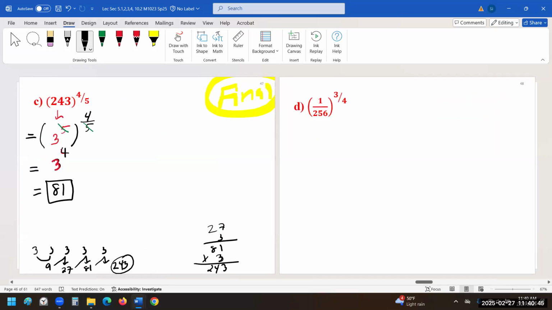Try the next one. And let me make your life easier. Anytime you have a fraction, the rule says you can distribute your power to the top and to the bottom, everything on the top and everything on the bottom. So it's 1 to the 3/4 power and 256 to the 3/4 power.